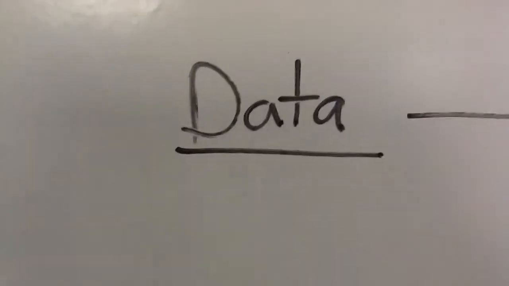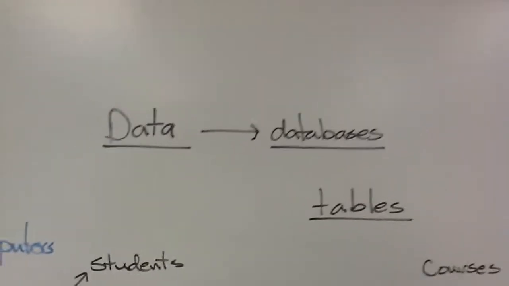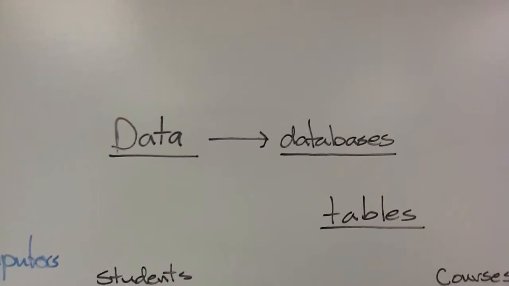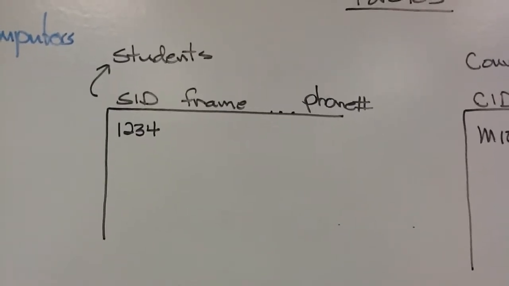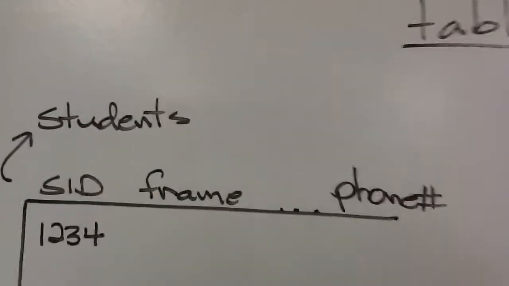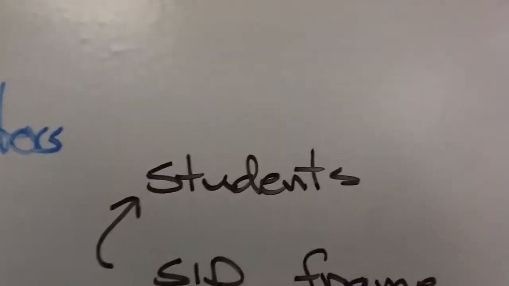start right up here. We talked about data, and data is managed in databases, making tables in databases. And we did a simple example. So you have students, student ID, name, phone number, and all of these fields, which are attributes, relate back to students.